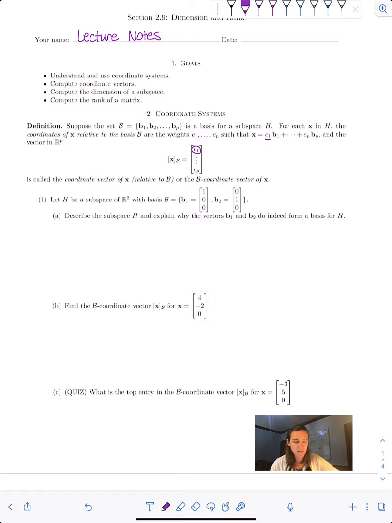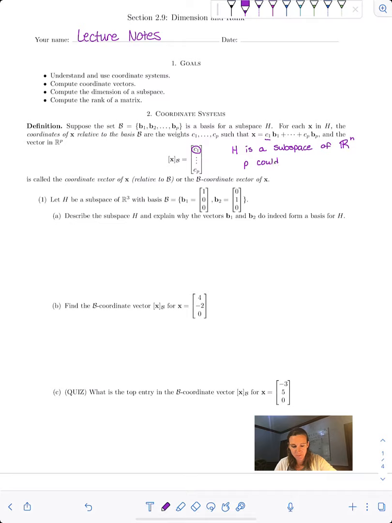Now, one important thing I want you to make note of, and we'll see an example of this soon. H is a subspace of some Rn. When we have a basis, H might be smaller, so it might have fewer vectors.